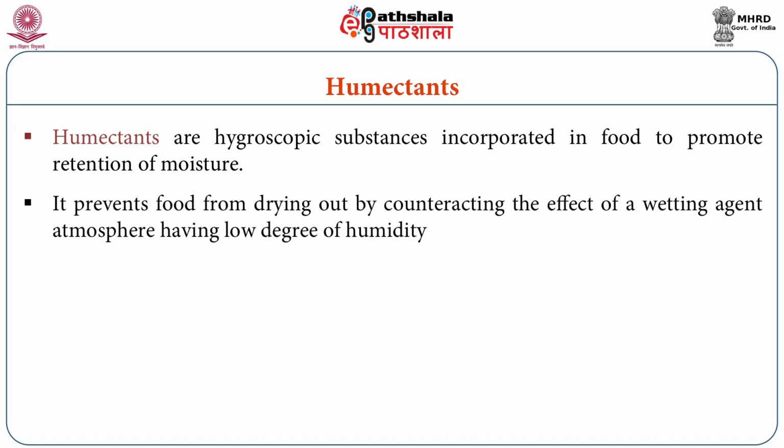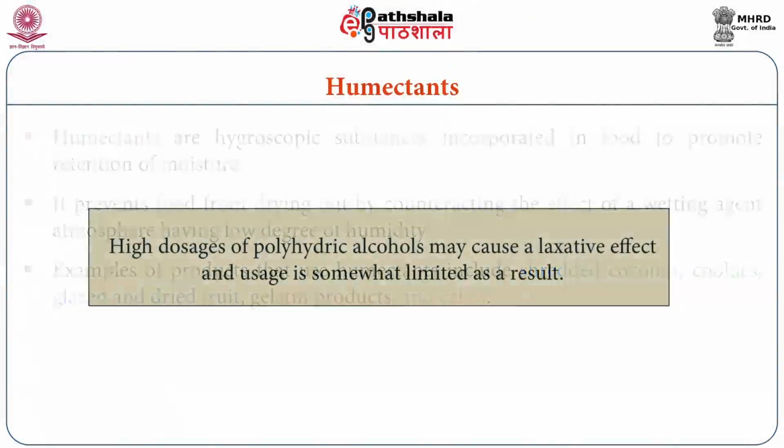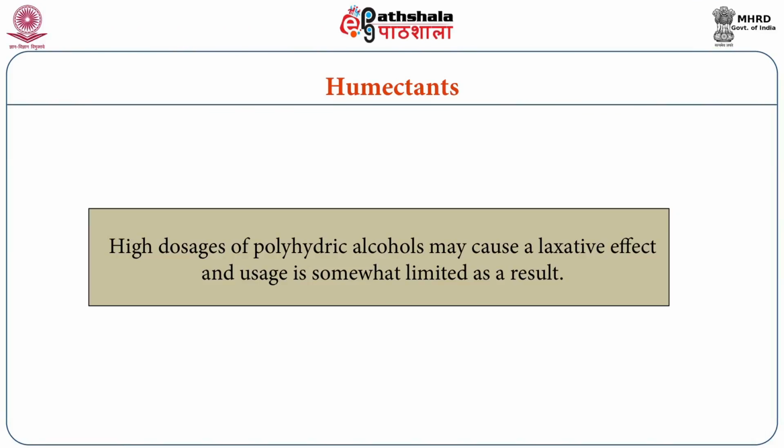It prevents food from drying out by counteracting the effect of a low degree of humidity in the atmosphere. Examples of products that use humectants include shredded coconut, cookies, glazed and dried fruit, gelatin products, and cakes. A high dosage of polyhydric alcohol may cause a laxative effect and usage is somewhat limited as a result.